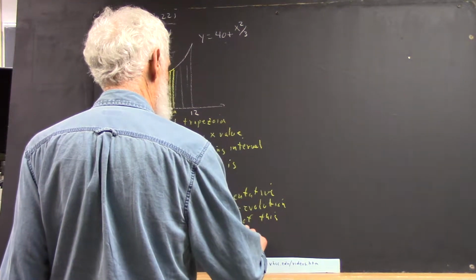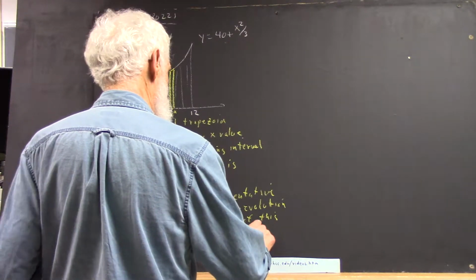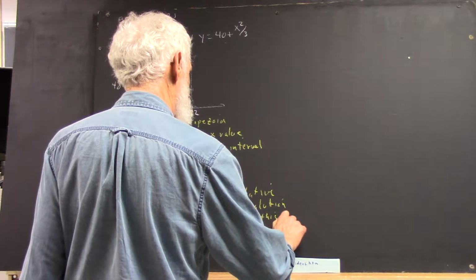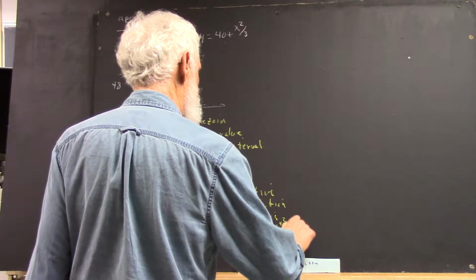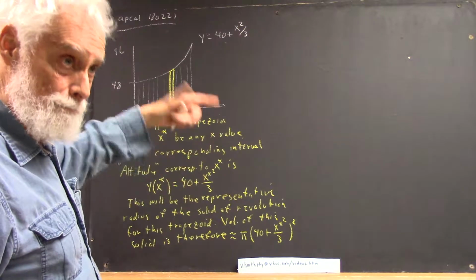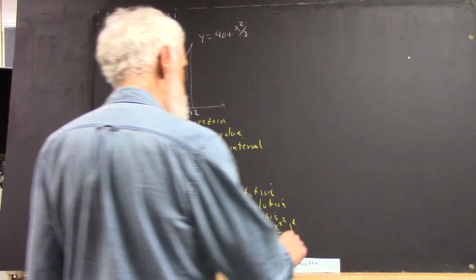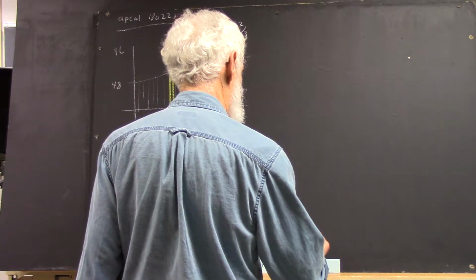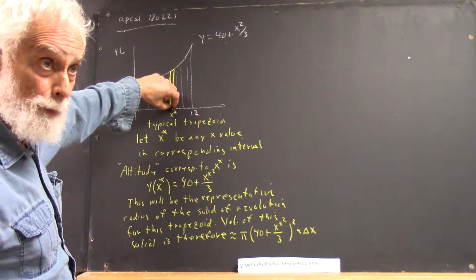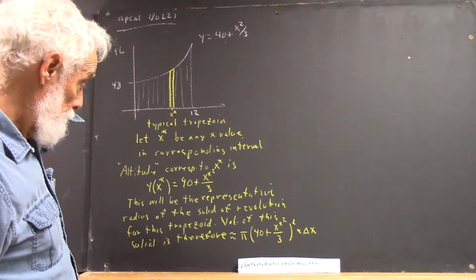That volume will be approximately pi times 40 plus x star squared over 3, squared, because this is going to be the radius of that approximating disk, times delta x, where delta x is the width of the trapezoid, and I didn't label that, but that should be understood, right? Okay?